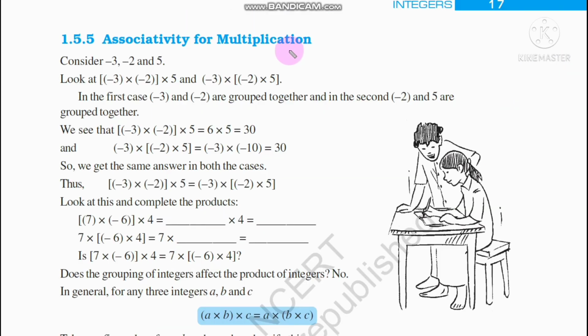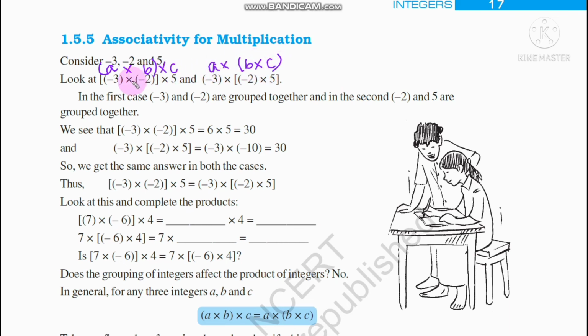Associative property under multiplication. So let us take 3 integers, children. Consider minus 3, minus 2 and 5. So here let us take minus 3 as A, minus 2 as B and 5 as C. That means (A into B) into C and A into (B into C).